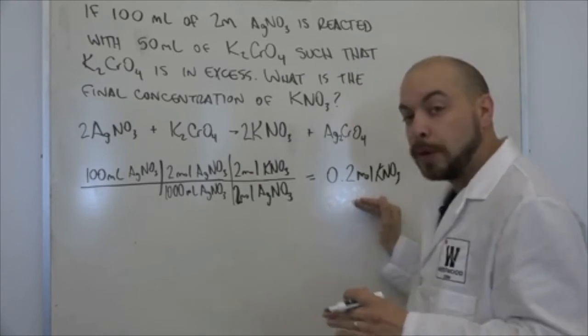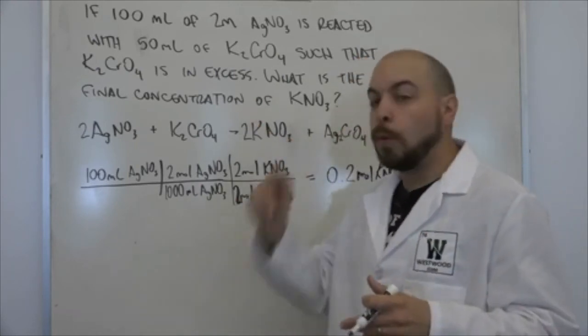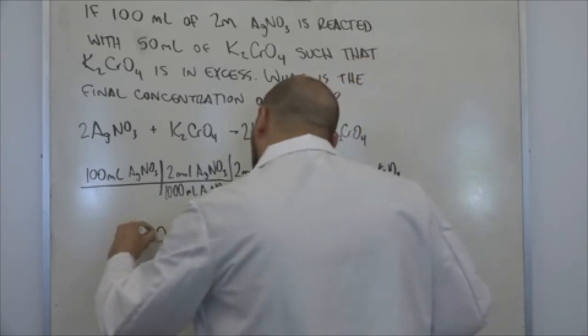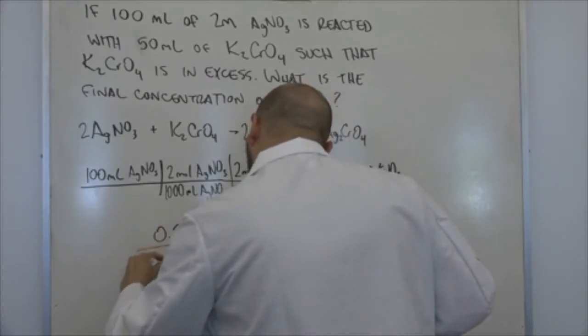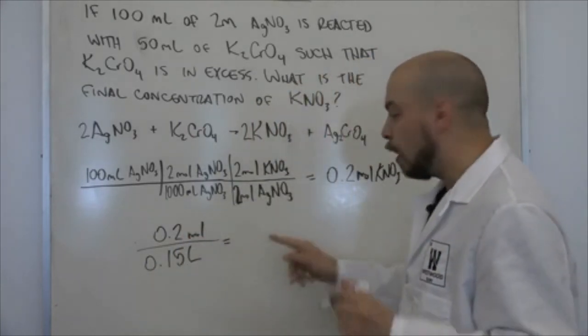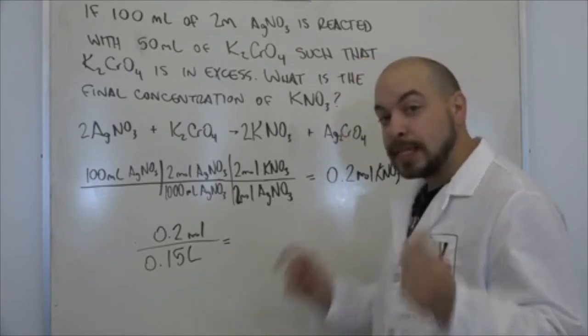So we take our 0.2 and we divide it by our new volume, which is going to be 0.15 liters of solution. Which gives us a final answer of 1.33 moles per liter of our potassium nitrate.